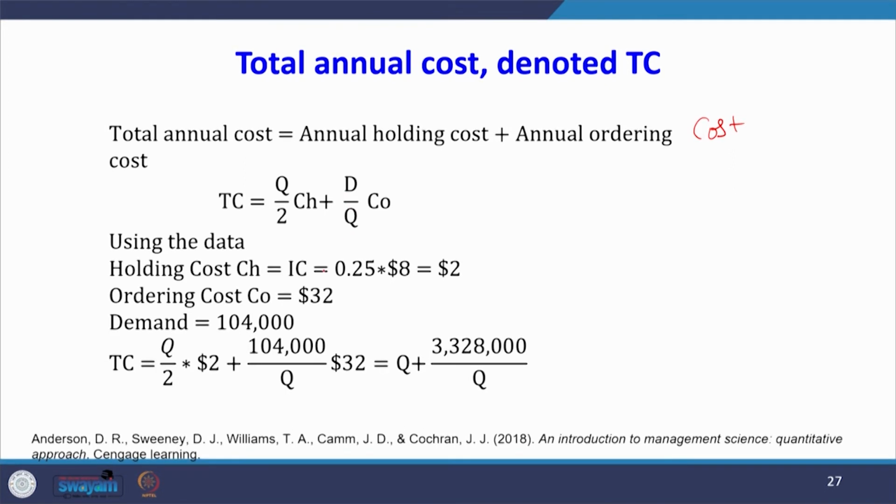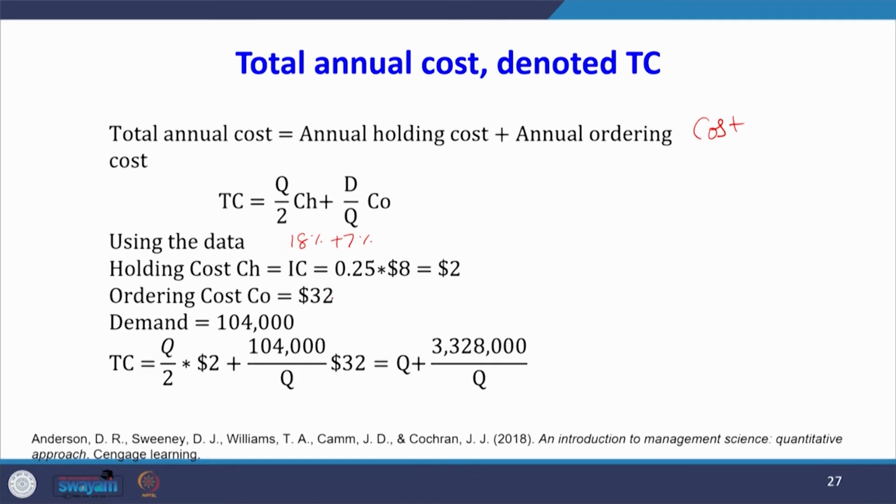In our problem, I represents 18% for interest plus 7% for some other expenses. So, 25%, the value of I is 25%, so 0.25. The unit cost C is $8, so CH will be $2. What is the $2? Holding cost.